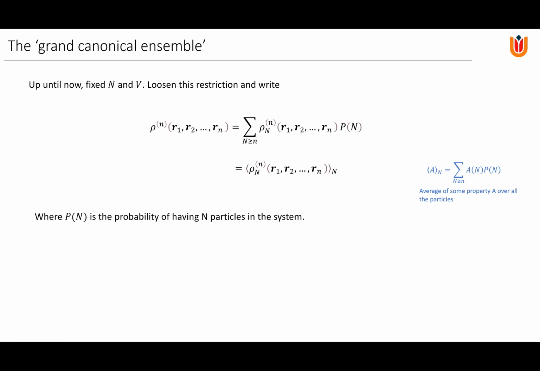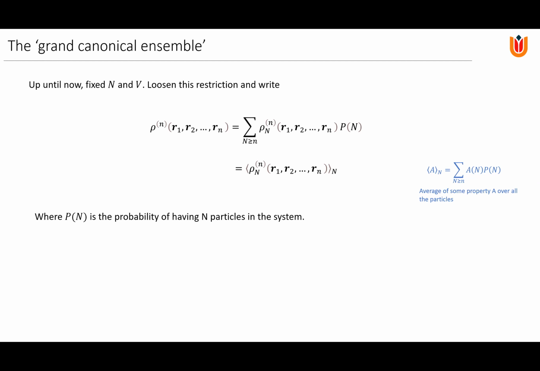So we had fixed N and fixed volume, but now we can loosen this restriction and write what we had before, but now considering N particles without a limited number of particles. So we write it as the sum over any capital N particles of n times a probability distribution for finding N particles. We're not going to define that any further; it's not necessary.